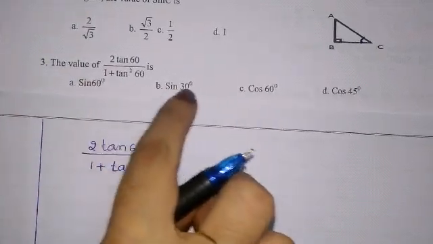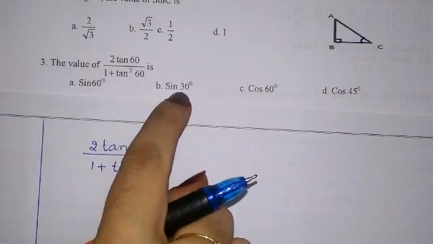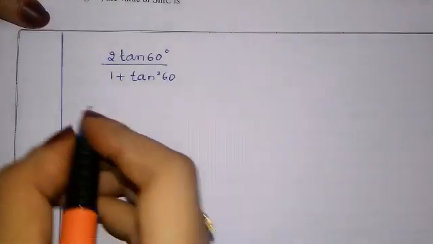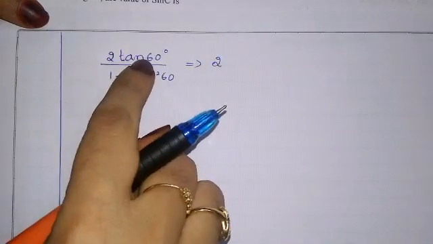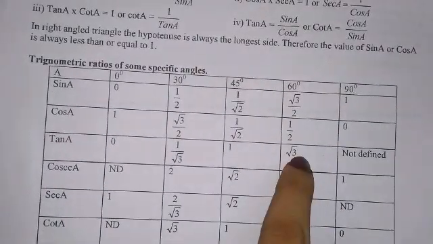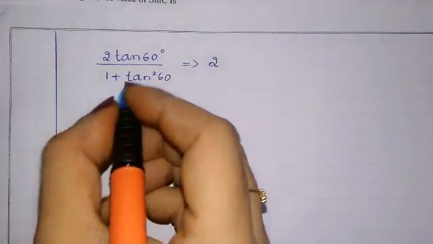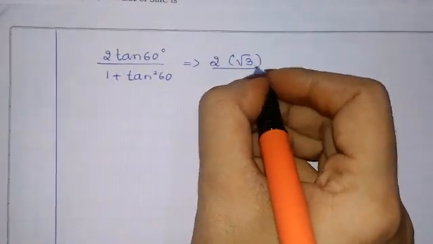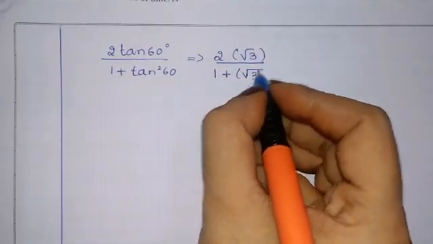Out of this, we have to check which is the correct option: sin 60, sin 30, cos 60 or cos 45. We know the values. 2 as it is, tan 60 is root 3. So 2 into root 3 upon 1 plus tan 60, which is again root 3, whole square.